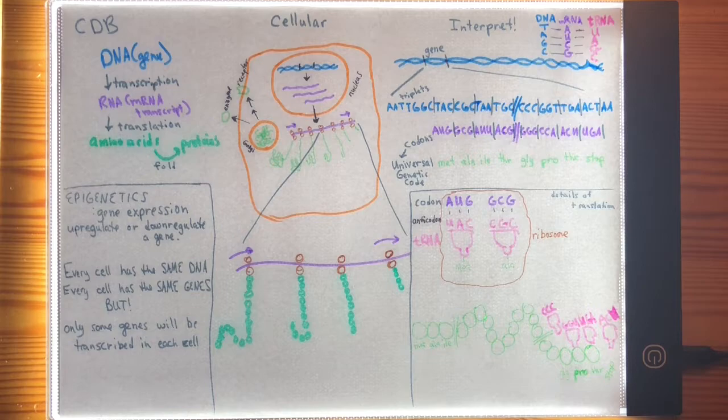Oxytocin receptors are also expressed, remember we're looking at gene expression, in various parts of the brain, and they help us to bond with other humans, usually, other organisms.